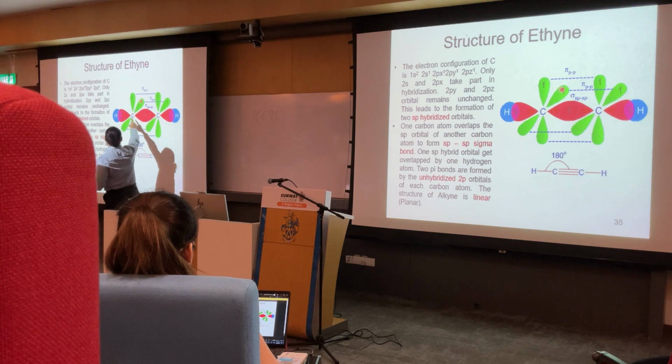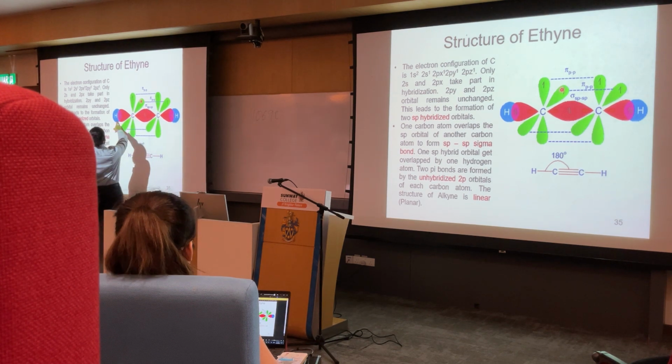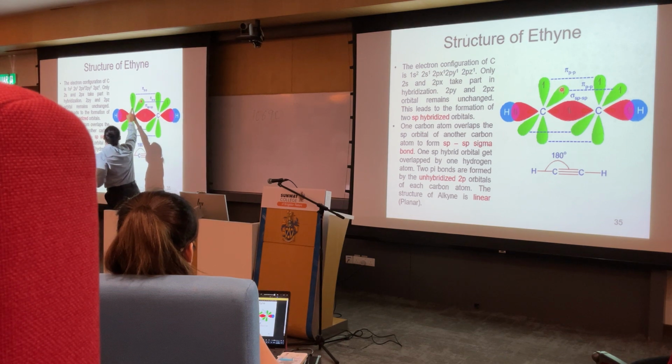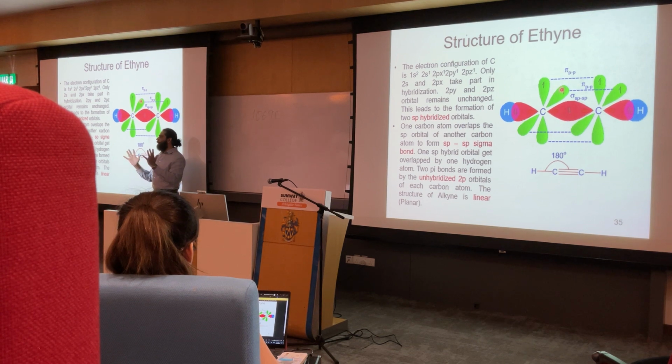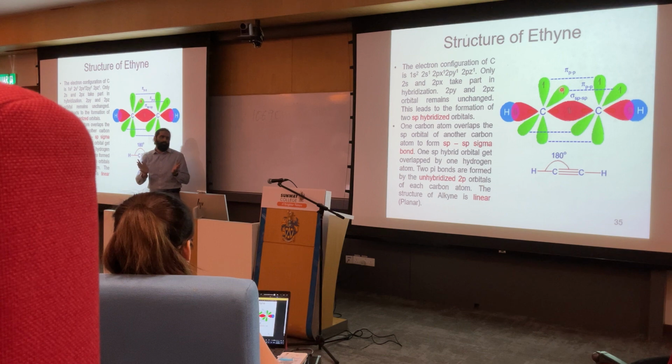Carbon-carbon single bond, and then carbon-hydrogen single bond, and then the 2p orbitals remain unhybridized. They don't take part in hybridization. And you know what happens when they don't take part in hybridization? They can make pi bonds by sidewise overlapping, right?